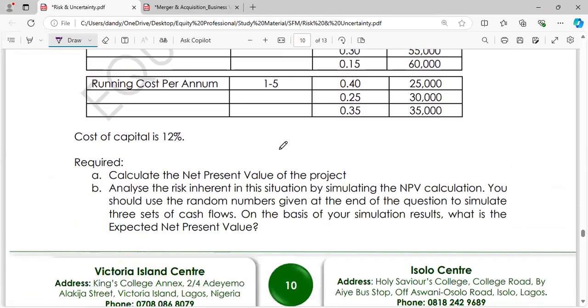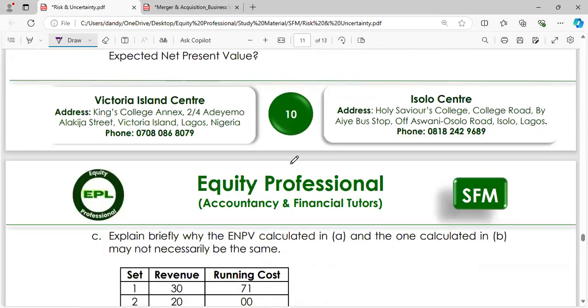Cost of capital is 12%. Required. A. Calculate the net present value of the project. B. Analyze the risk inherent in this situation by simulating the NPV calculation. You should use the random numbers given at the end of the question to simulate 3 sets of cash flows. On the basis of your simulation results, what is the expected NPV? Explain briefly why the expected NPV calculated in A and B may not necessarily be the same.